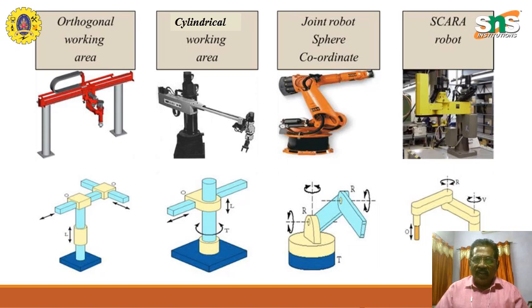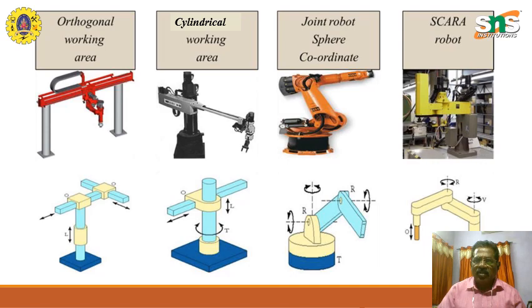Now, on the configurations, coming back again, we have the orthogonal, also called the gantry robot or the Cartesian coordinate robot. Okay, this is the cylindrical robot with a cylindrical working area about a pedestal, able to move up and down. Then you have the joint robot or spherical coordinate robot.